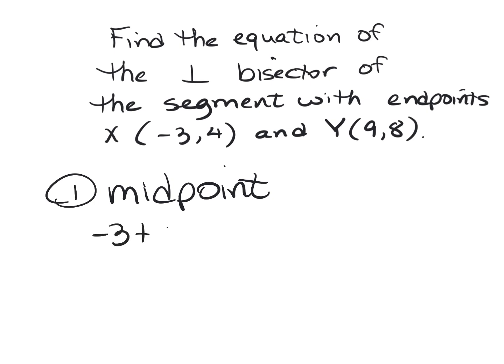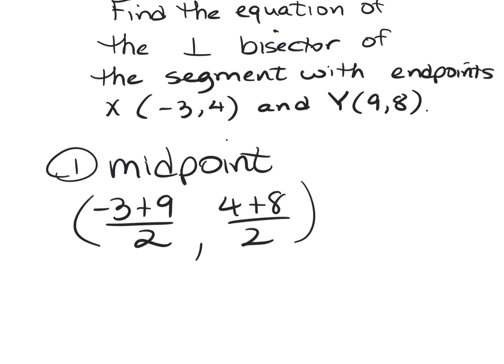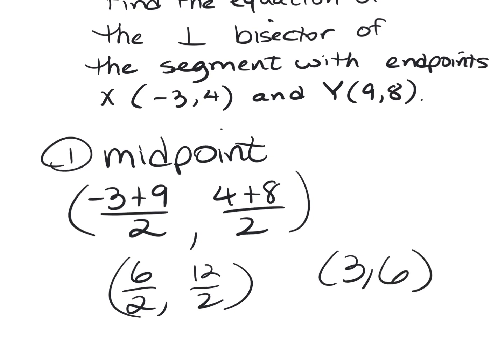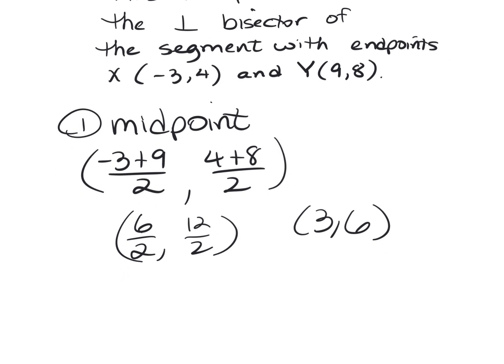So -3 plus 9, divide by 2, 4 plus 8, divide by 2. The coordinate of my midpoint is going to be 3, 6. This is the midpoint because remember, the perpendicular bisector hits the midpoint because it's splitting this segment into 2 congruent pieces.